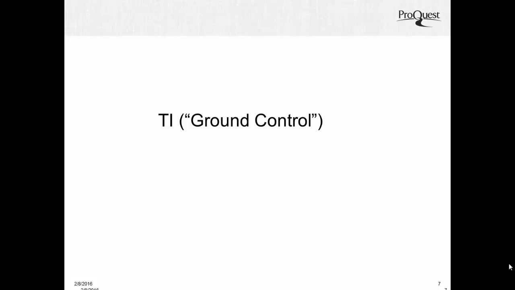Can you see what it is? The problem is this space here. You want to close that space down, because if you have it like this, the search engine is going to think you're looking for the word TI as well as the words ground control, and there really is no word TI, so you're going to get 0 hits or very few, and it's not going to be what you want.